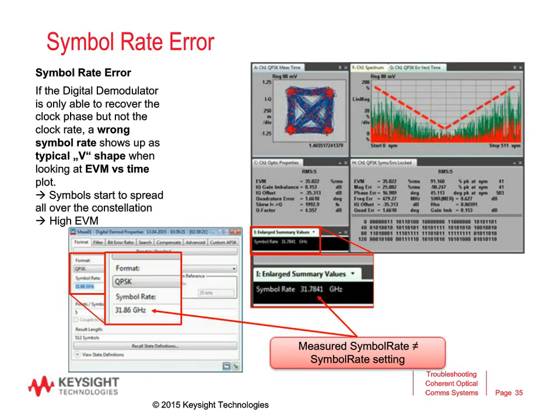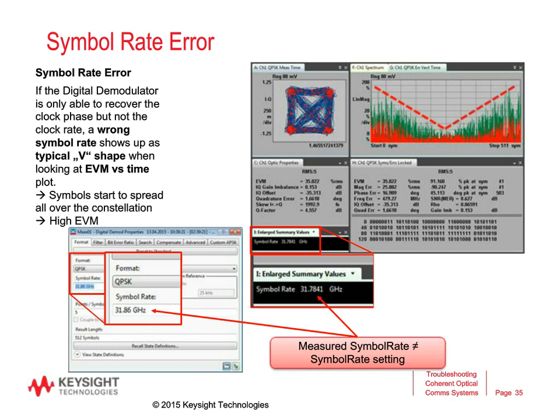Another error that we can analyze is what we call the symbol rate error. The symbol rate error shows up as spread of constellation points in the constellation diagram. You see the red spots all over the constellation here.